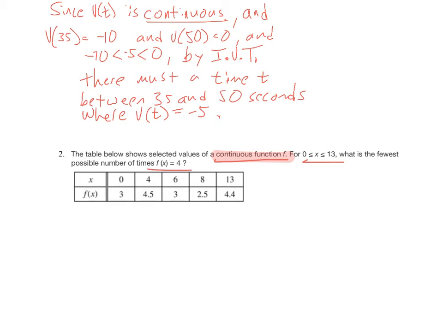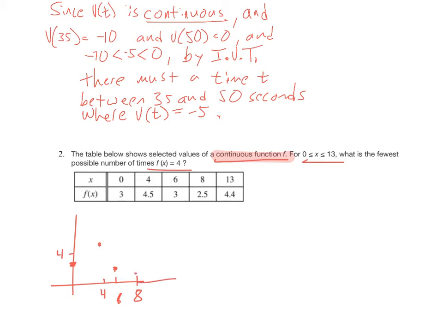Well, this is a continuous function. If it helps, you can sketch a little graph of it. So when x is 0, we're at 3. When x is 4, we're at 4.5. So 4 is right in between here. That's important. Okay. When x is 6, we're back down below 4. When x is 8, we are down lower, 2.5.